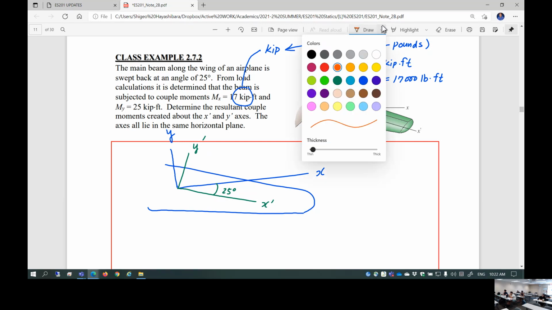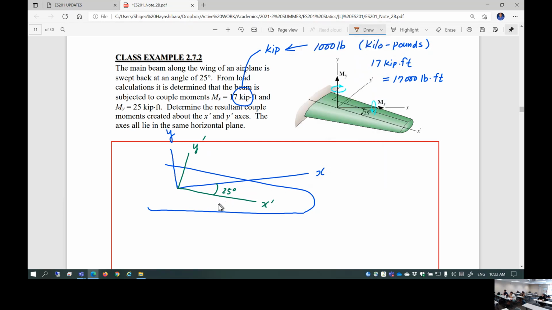So the couple moment is a vector, so it is going to be developed in the X and Y directions. I'm going to use my own double arrow notation with the right hand rule. This is Mx. And I'm also going to use a double arrow, right hand notation, this is My.